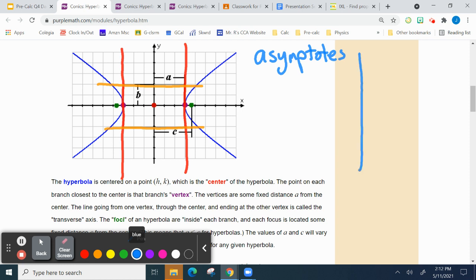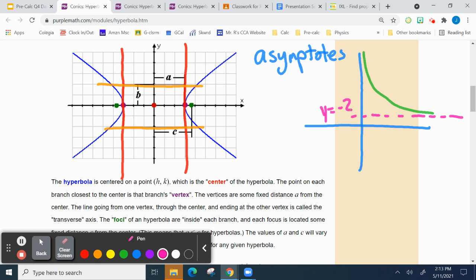So you can have like a graph that looks like this, and it goes down there, and it gets closer and closer and closer to, let's just say y equals -2, but it never touches it. It just approaches it.